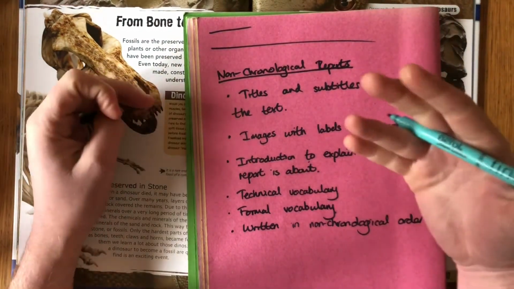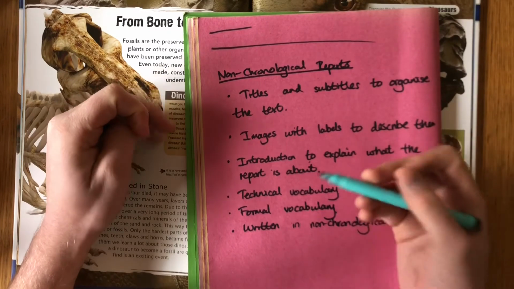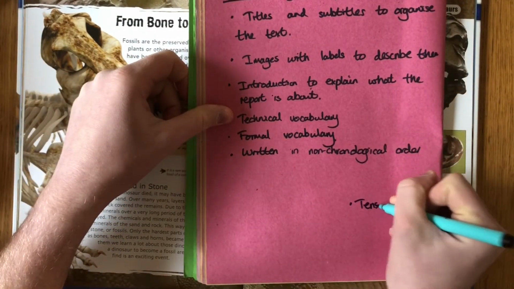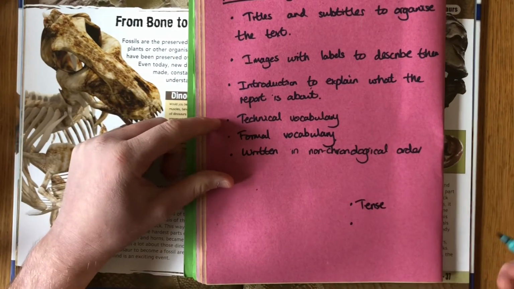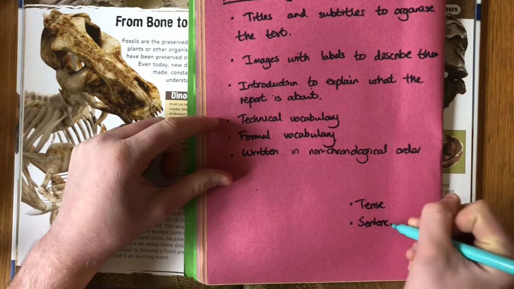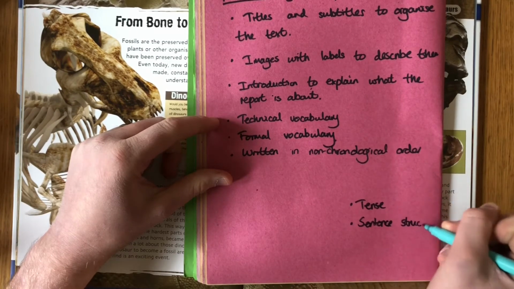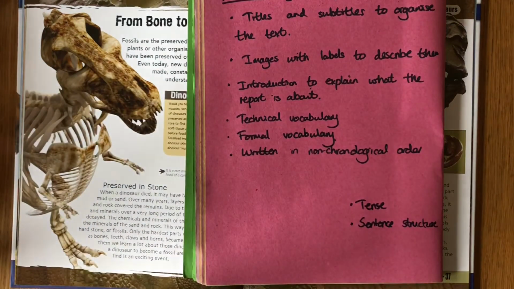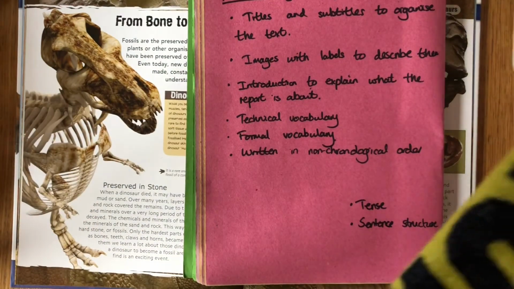If it has, include them on there. And go through and work it out. The other thing that you might want to think about is tense. What tense is it written in? And also sentence structure. How are a lot of the sentences organised? Okay? So, I'm just going to transition out into one more video to summarise what it is that you need to do.